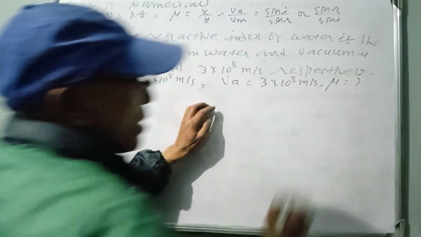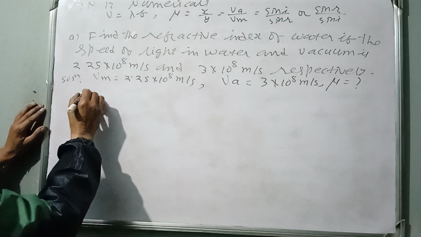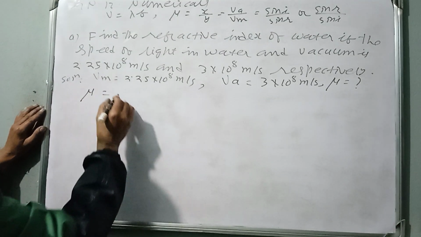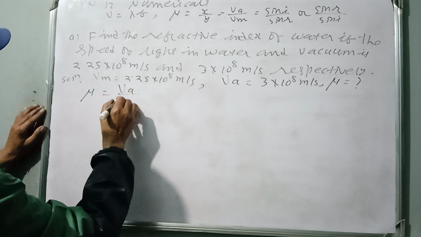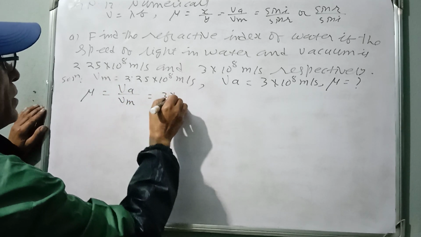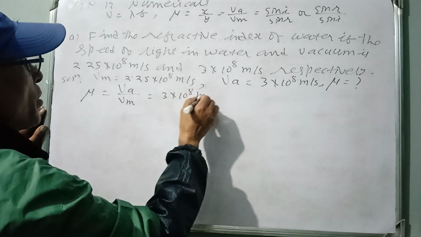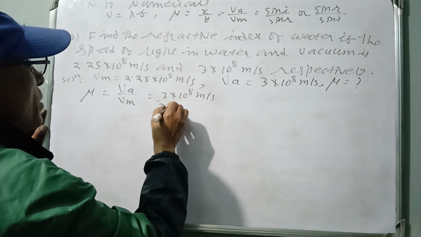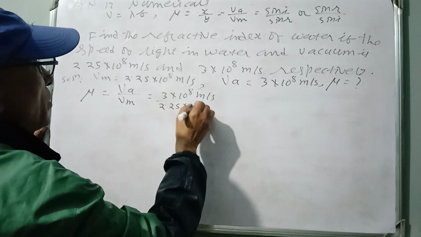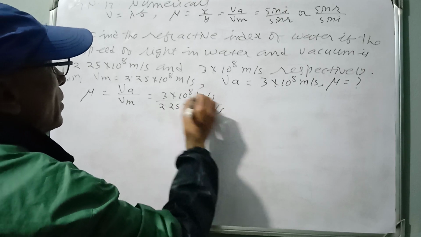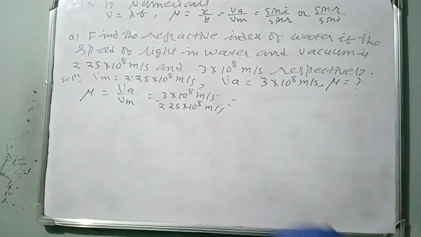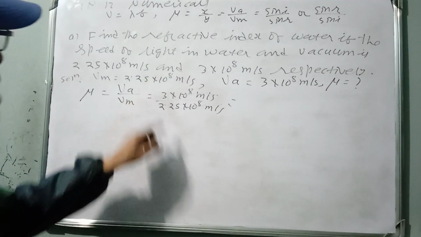Mu equals what? Refractive index equals, by the definition, V A by V M, 3 into 10 to the power 8 meters per second upon 2.25 into 10 to the power 8 meters per second. Cancel. Now divide 3 by 2.25.